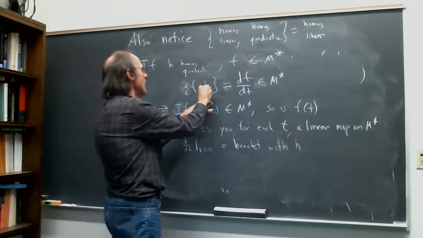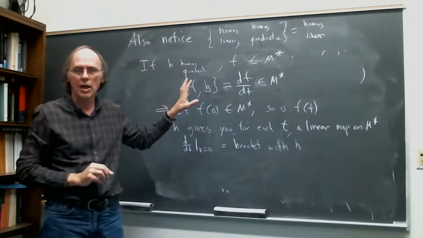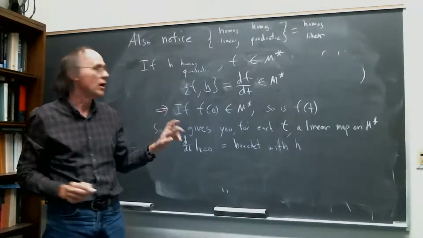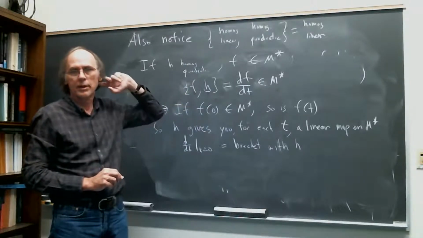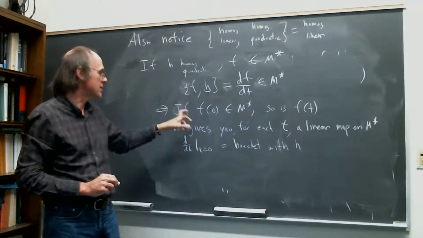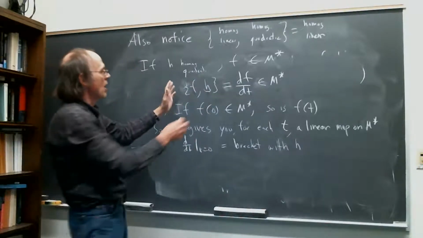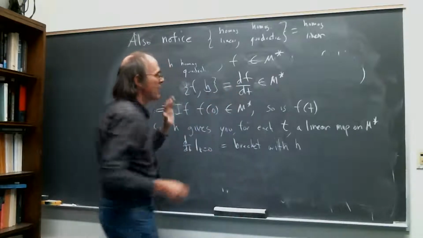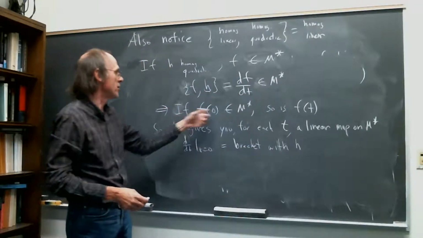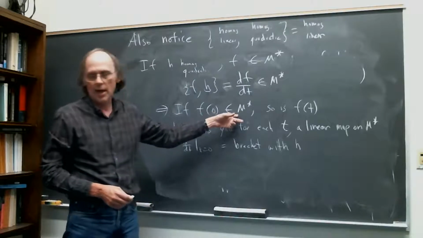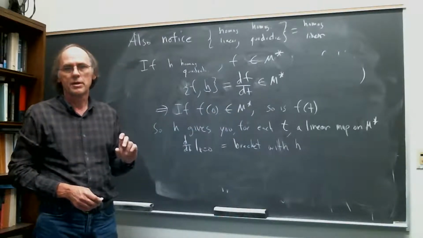That h is always constant, so I'm thinking about constant Hamiltonians that don't change in time. But this f can change in time. Does that help? I want to solve this equation in general. It's going to be true for all t, but in particular, it's also going to be true at t equal to 0, right? Does that make sense?